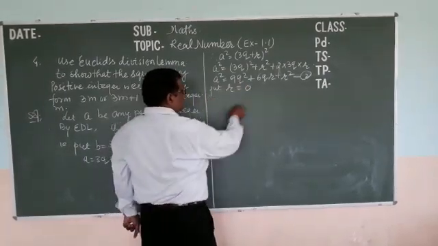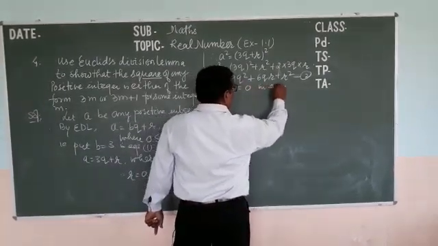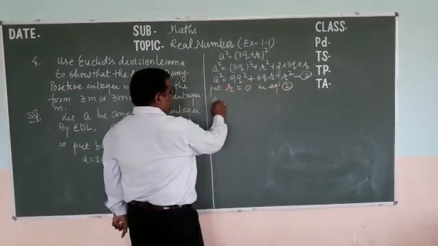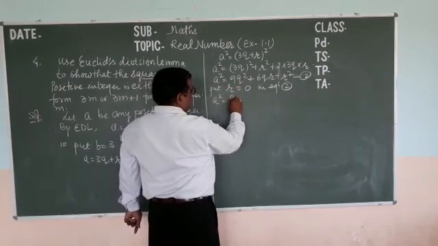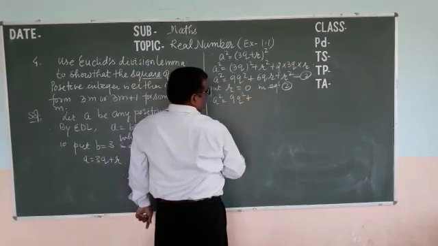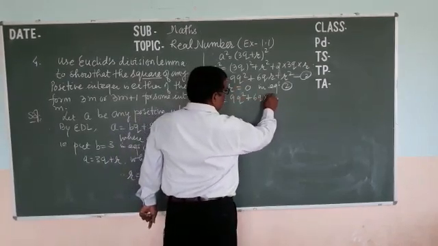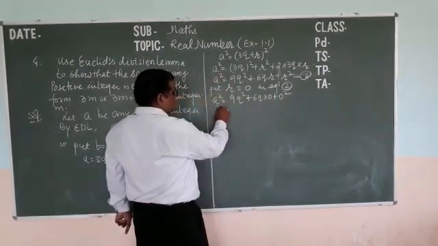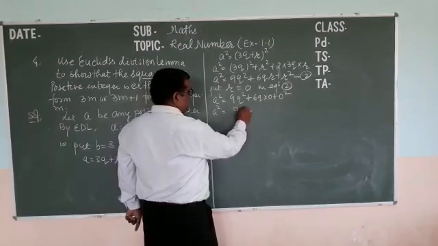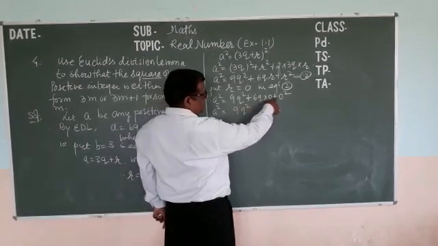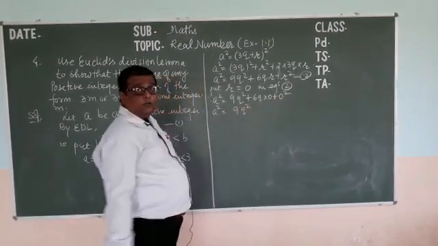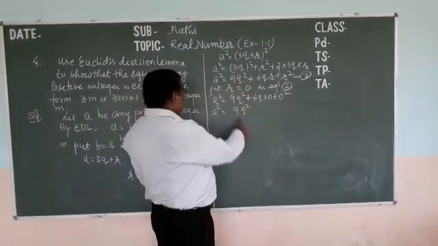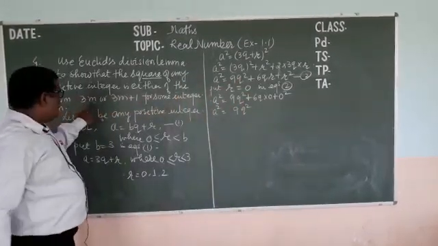Therefore, in equation 2, we put a square is equal to 9q square plus 6q into 0 plus 0 square. So a square is equal to 9q square plus 0, that is 9q square, which is written in the form of 3m.